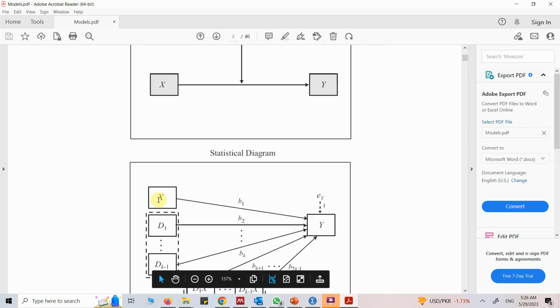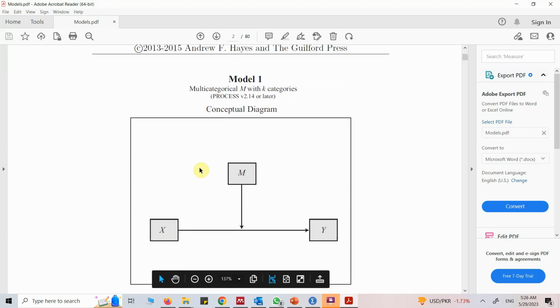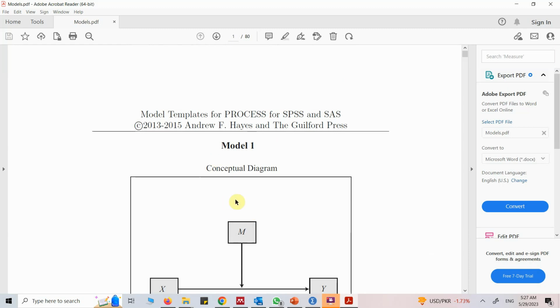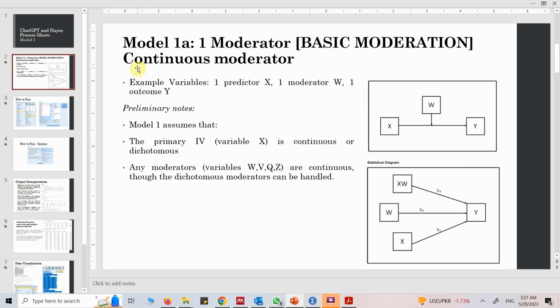Then you've got Model 1 with categorical M, and then you've got a simple moderation analysis. So Model 1A is the first moderation model with a continuous moderator.